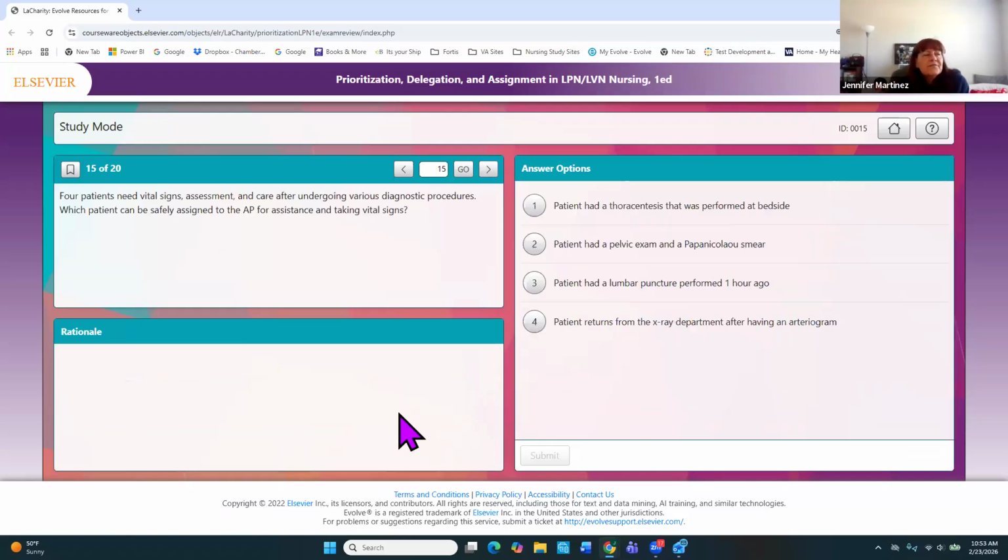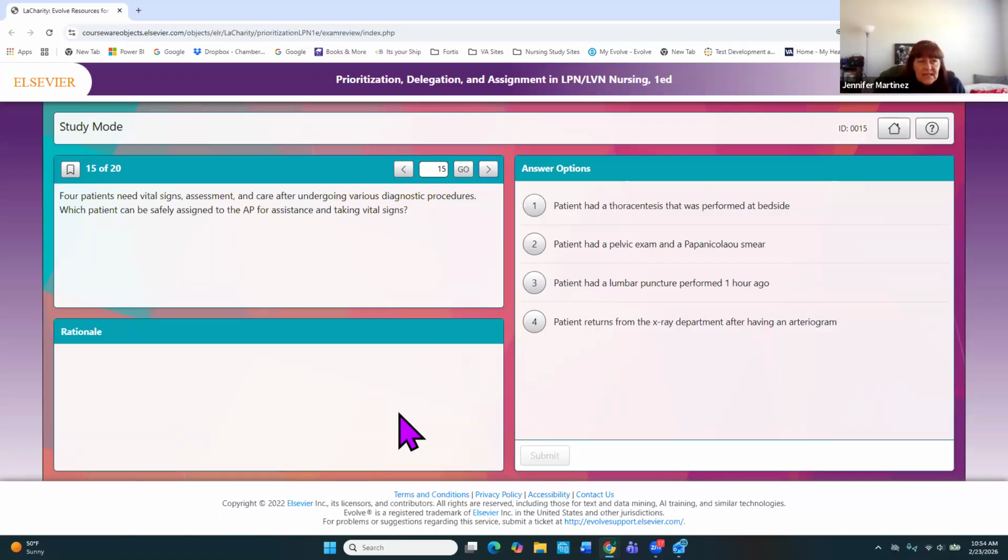All right. Four patients need vital signs assessment and care after undergoing various diagnostic procedures. Which patient can be safely assigned to the AP for assistance in taking vital signs? One, a patient had a thoracentesis performed at bedside.